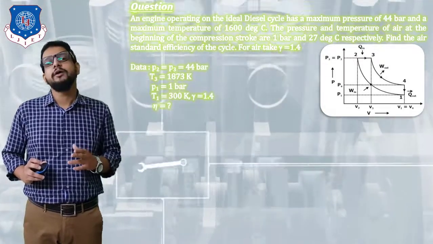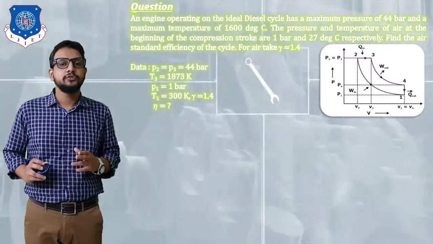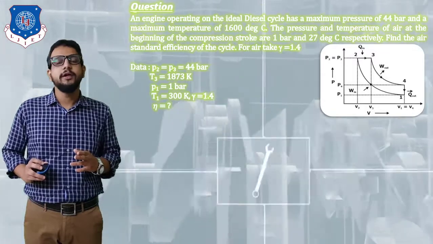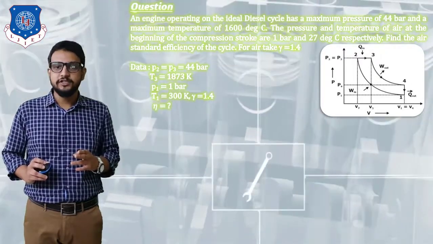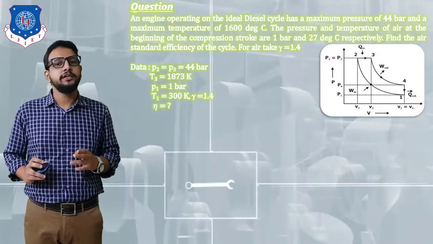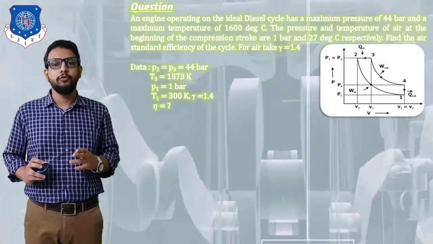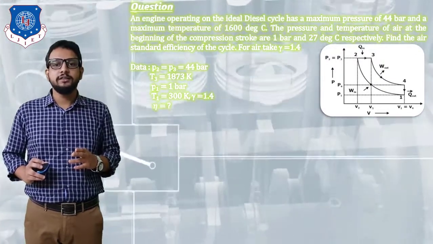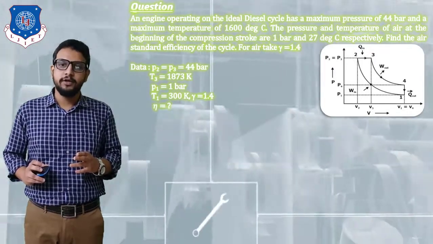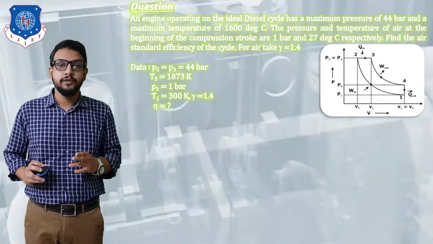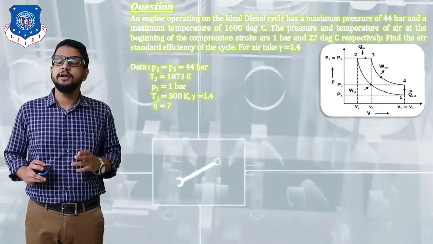So first of all, writing down the data. As you can see on your screen, I have written P2 is equal to P3, since pressure is going to remain constant during heat addition, which is equal to 44 bar. Temperature T3 is given as 1600 degrees Celsius.